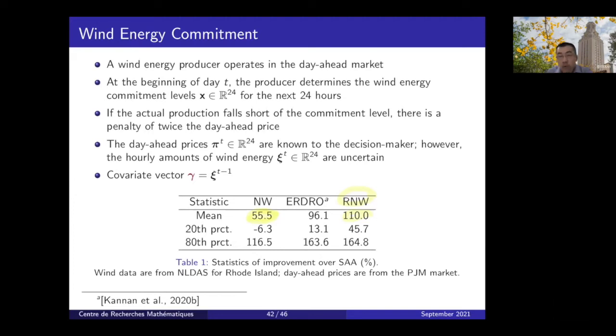We also outperform the recent method by Kannan et al., which assumes that the uncertain parameter psi can be decomposed into the conditional expectation term plus a residual term. Furthermore, we observe that our method is more robust and generates significantly less loss.